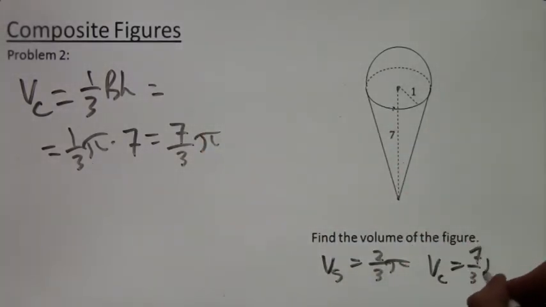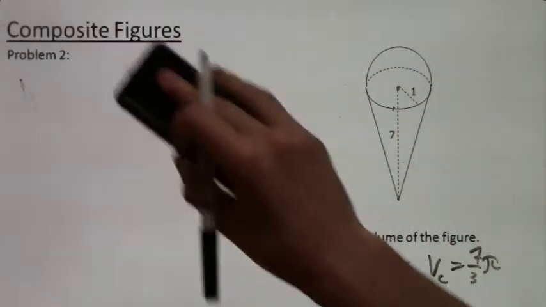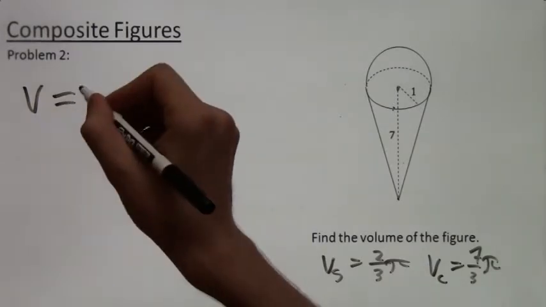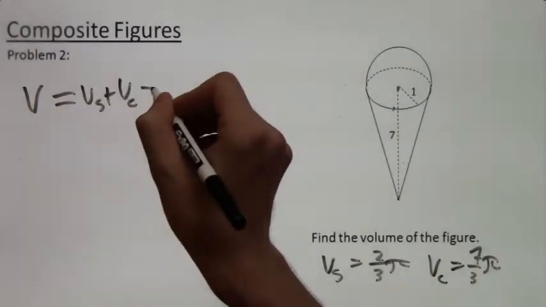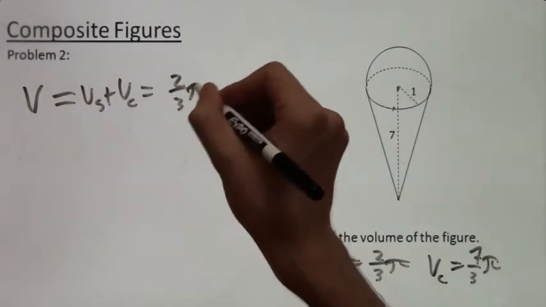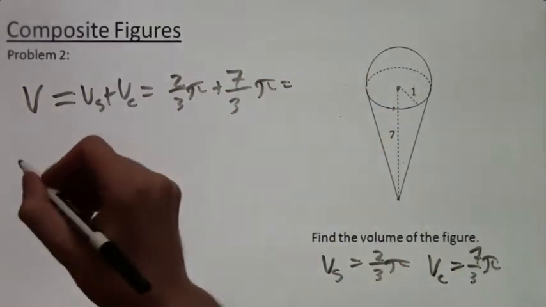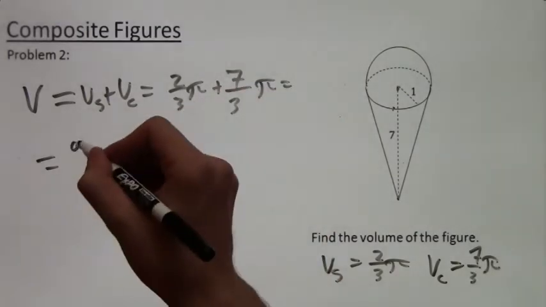So now the volume of the whole thing. The whole thing has volume equal to the sum of the volumes of the half sphere and the cone. So volume equals the half sphere plus the cone, which is 2/3 pi plus 7/3 pi.